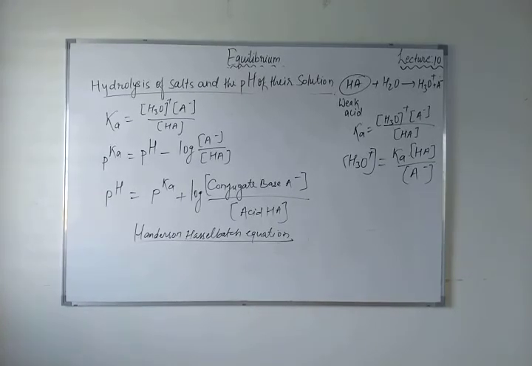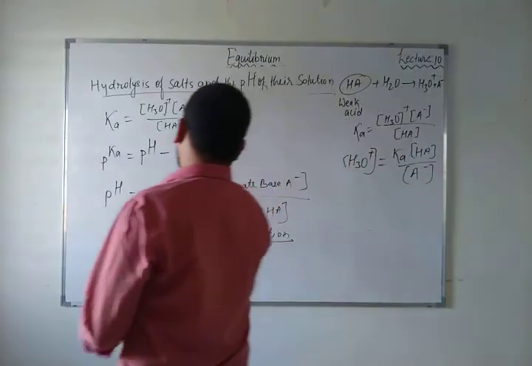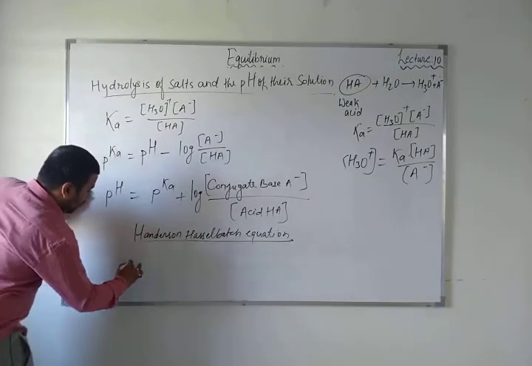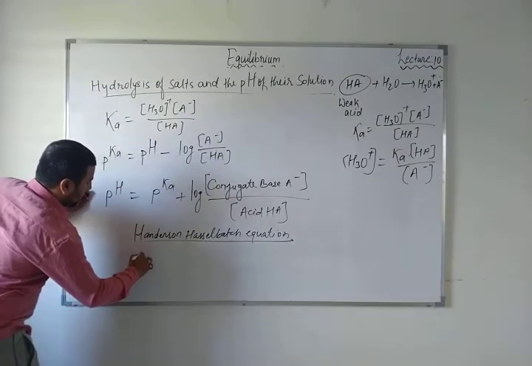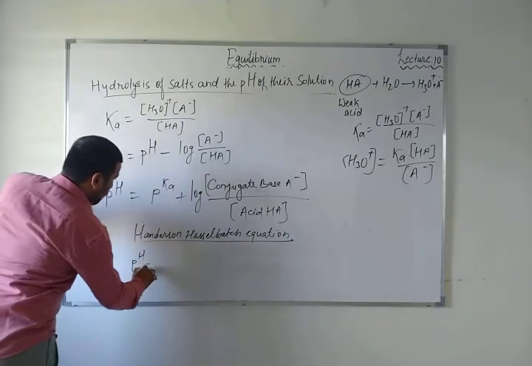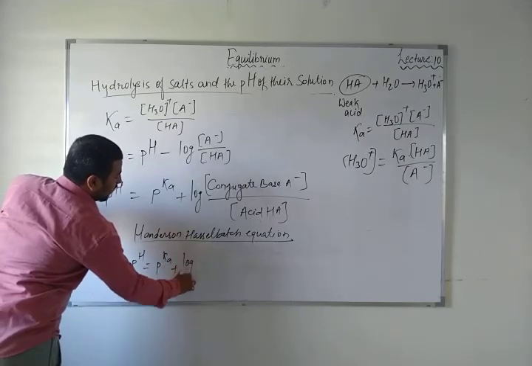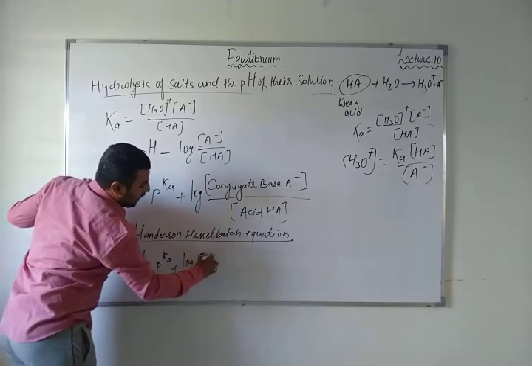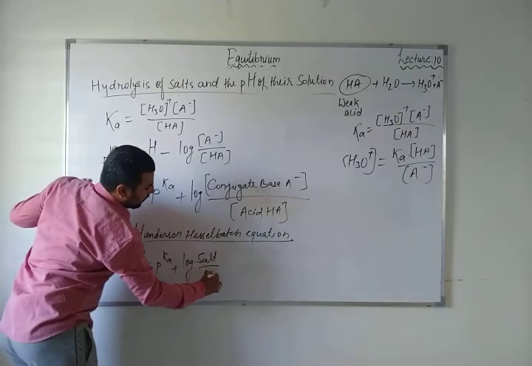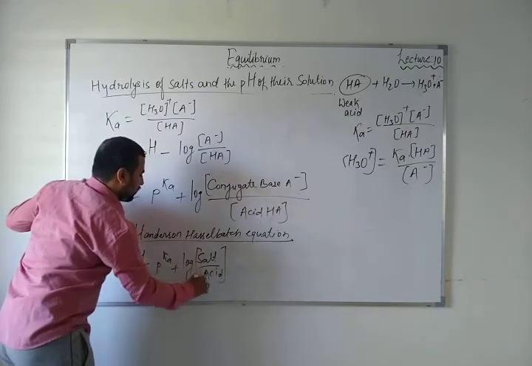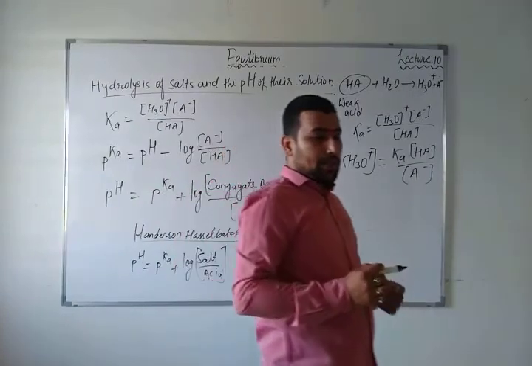So you can write here pH is equal to pKa plus log salt upon acid. Got it? So this is our equation.